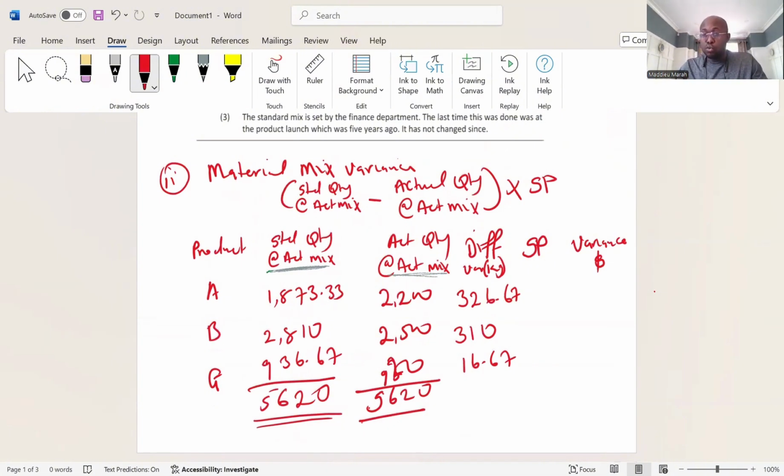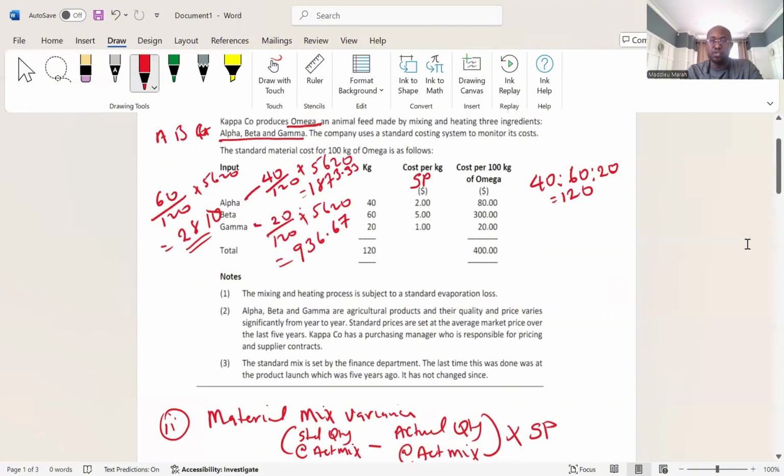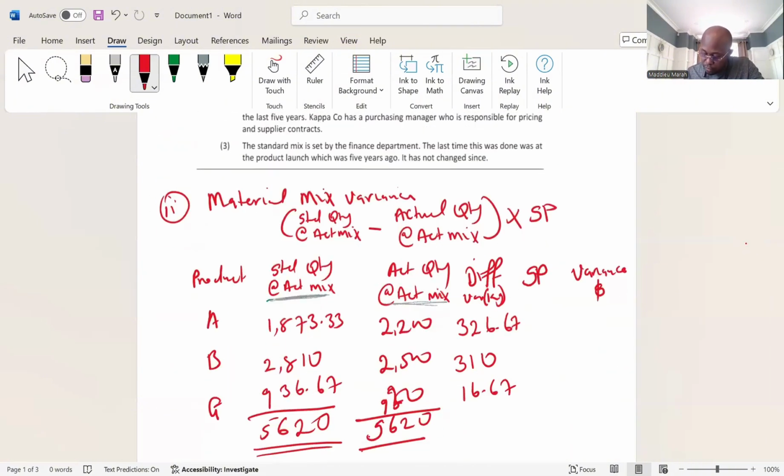We all know how to determine whether it is a favorable variance or an adverse variance. I've explained that a lot now, right? So let's go with our standard price. What's our standard price? Sorry, $1 for the last one.